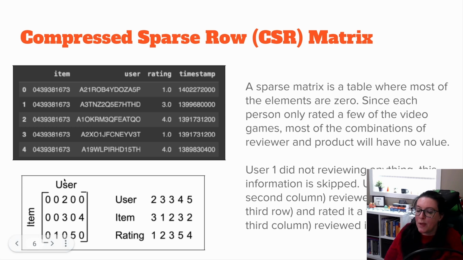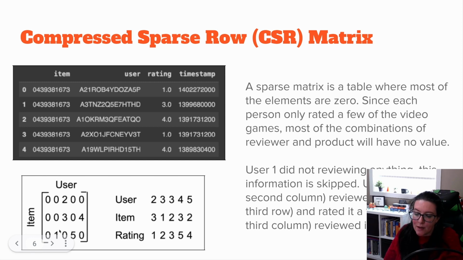If we look at the third user, index 2, they reviewed the first item and gave it a 2 on the rating scale, and they reviewed the second item and gave it a 3. So again, because users don't rate every item, there's lots of zeros, so it is a sparse matrix.